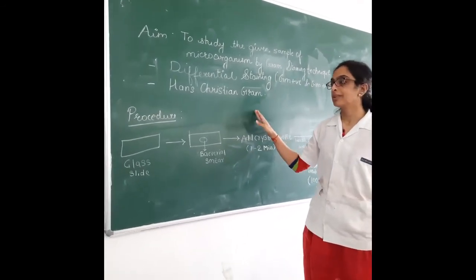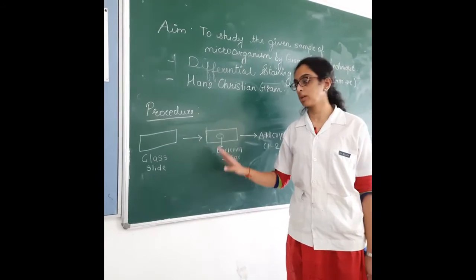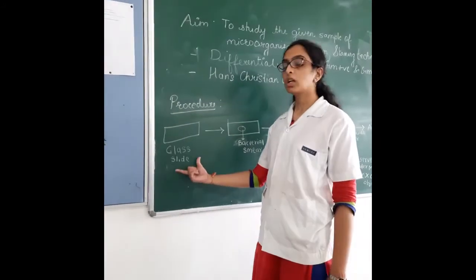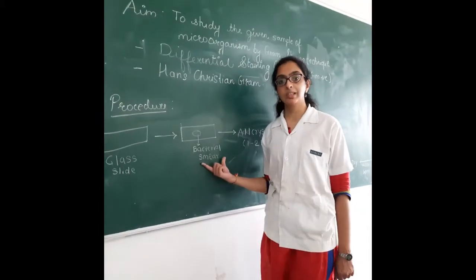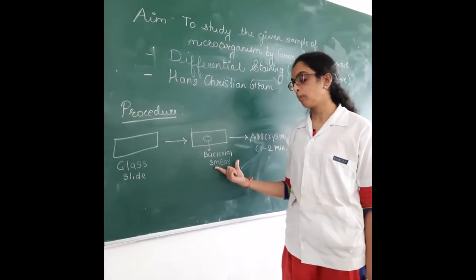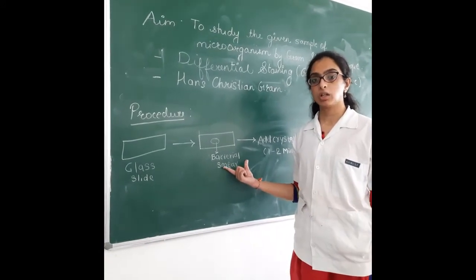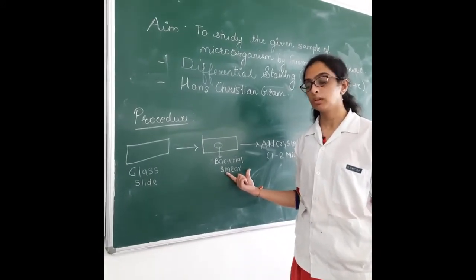Now we will see the procedure. So what is the procedure? Take a clean glass slide. Prepare the bacterial smear with the help of heat fixation technique and a nichrome wire loop.